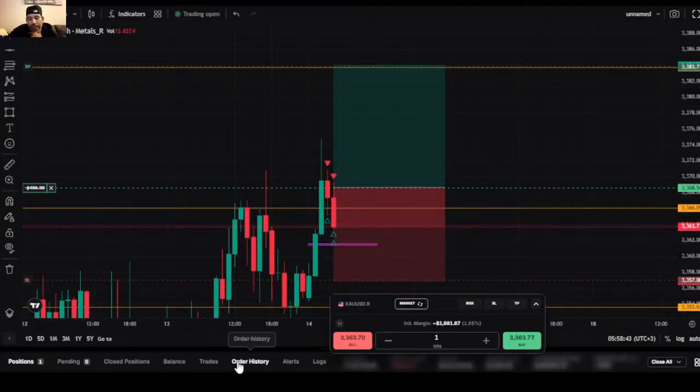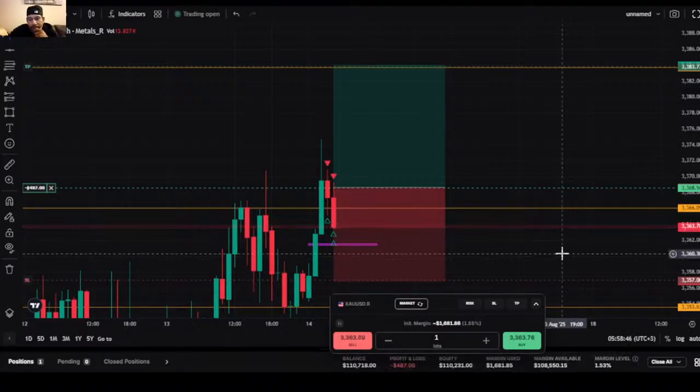And we got 2 minutes to a new candle opening too, so this should be interesting here.